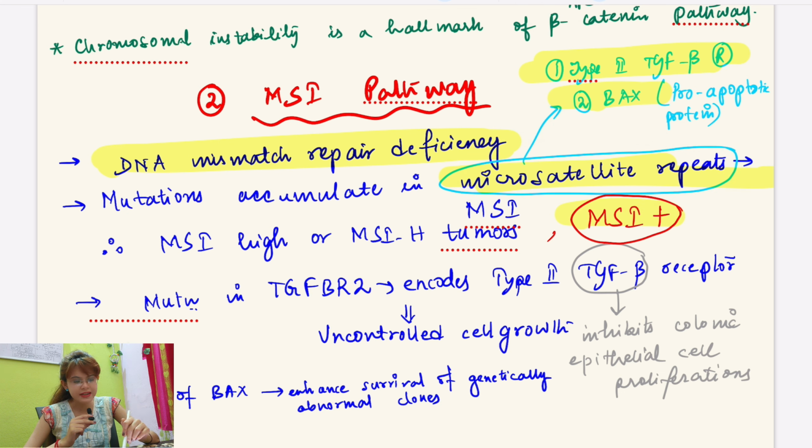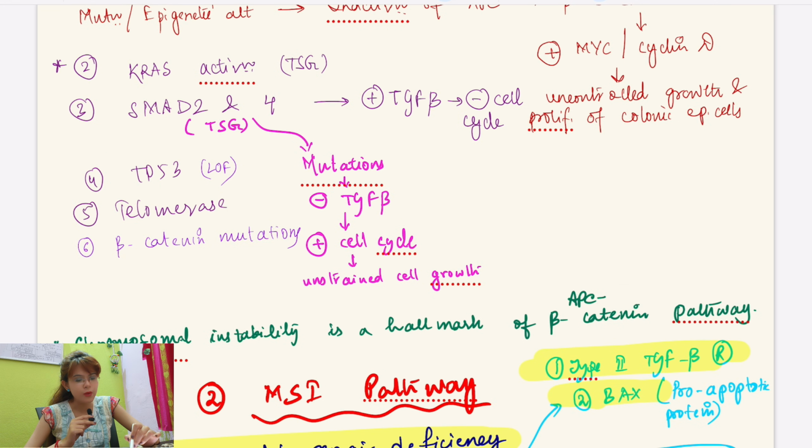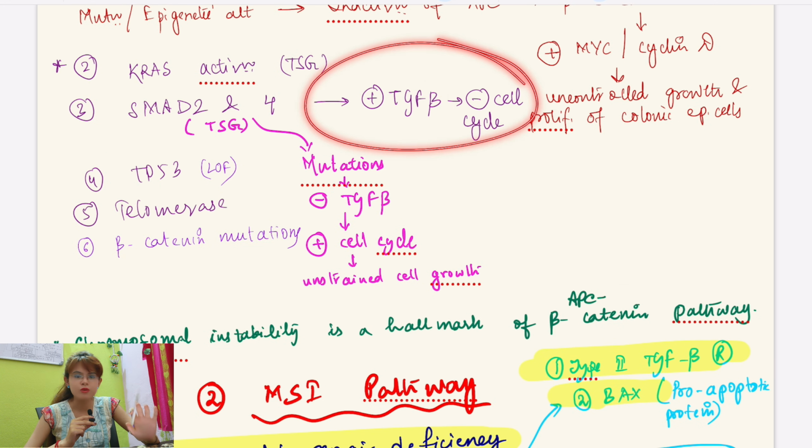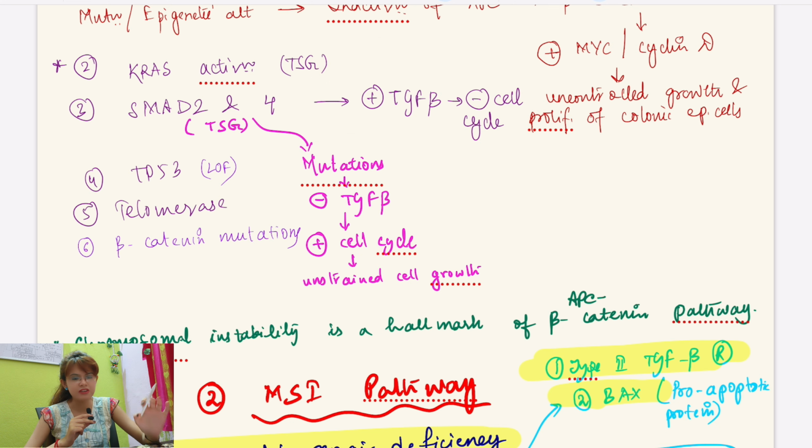Now normally this TGF beta 2 receptor, what is its function? Its function is to encode the type 2 TGF beta receptor, and I've already explained what the function of TGF beta is. It inhibits the cell cycle, meaning it is tumor suppressive. It doesn't cause tumor. So TGF beta is good. It will inhibit cell proliferation.